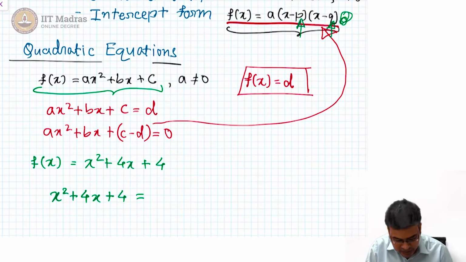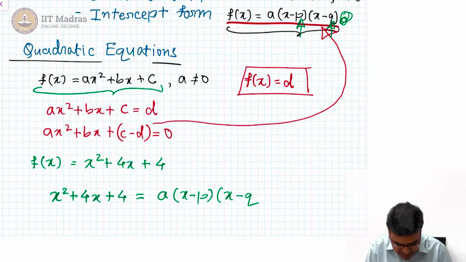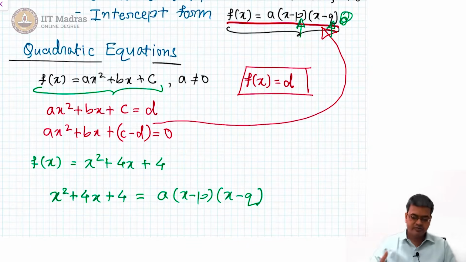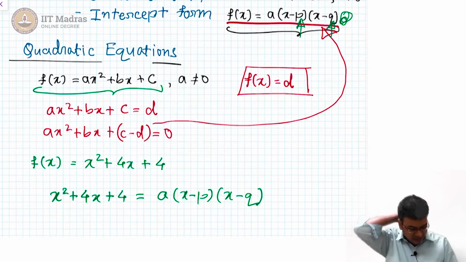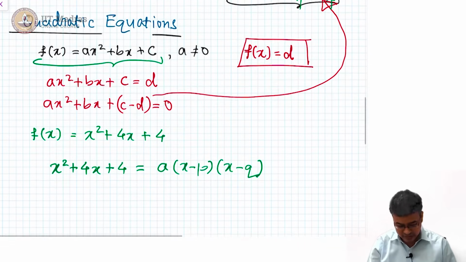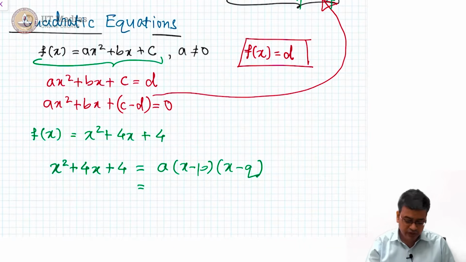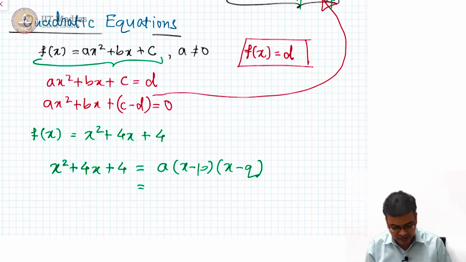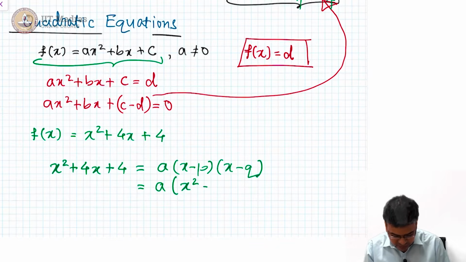So I will write this as a times (x minus p)(x minus q). Now this brings us to the method that we studied in one of our videos, which is the FOIL method. I will not go into much detail on the FOIL method. I hope you have seen the video, and I will get this to be a times (x square minus (p plus q) times x plus p times q).